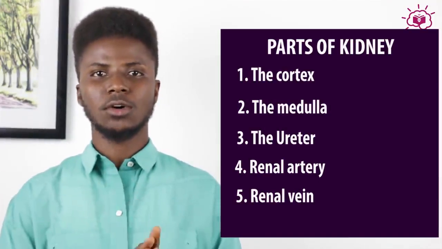Now, the functional unit of the kidney is known as the urinary tubule or the nephron. What the nephron does is that it collects urea through the blood and filters it out of the blood, a process known as glomerular filtration. That is done by a part of the nephron known as the glomerulus.